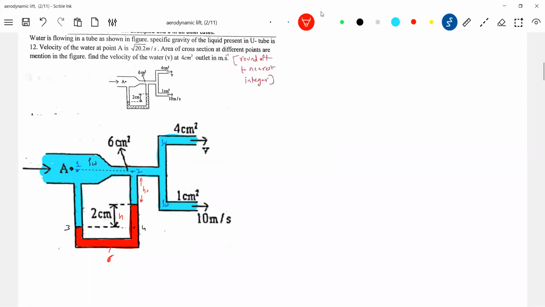Let's get into the problem. First, what is the flow rate at 1?